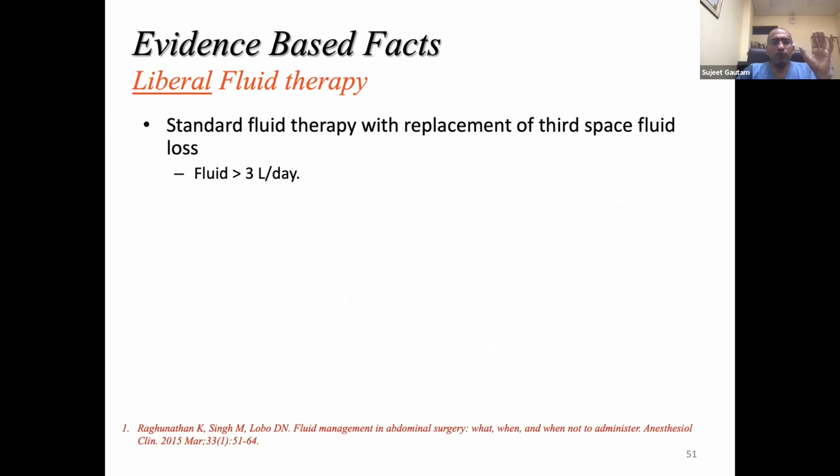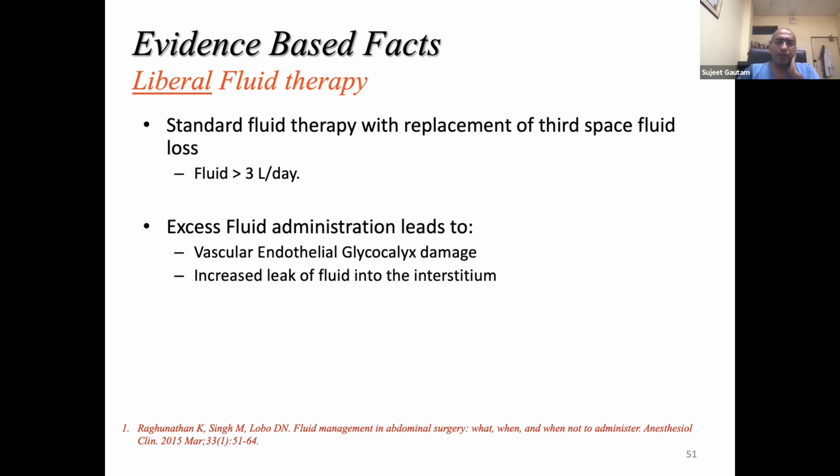First of all, regarding the liberal fluid therapy, this is a standard fluid therapy with replacement of third space fluid loss as we usually do, and fluids are usually given at more than 3 liters per day. Excess fluid administration leads to vascular endothelial damage and increased leak of fluid into the interstitium.